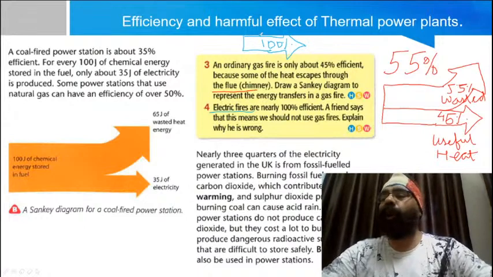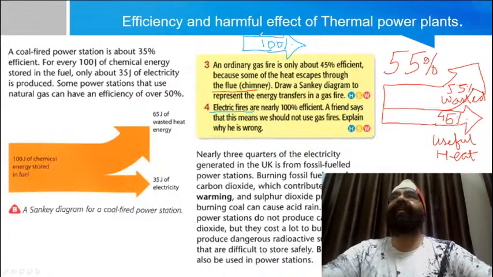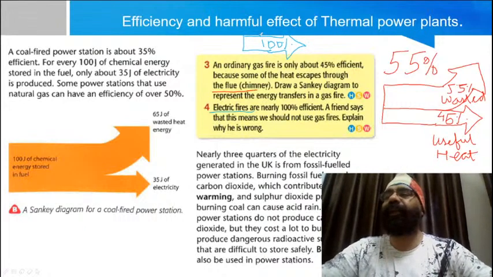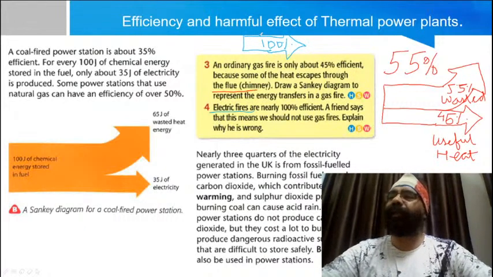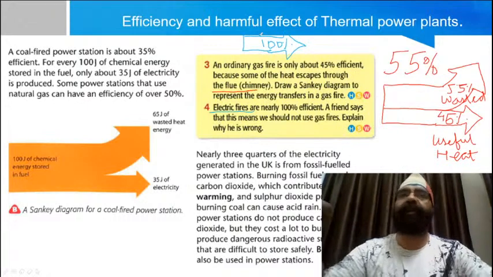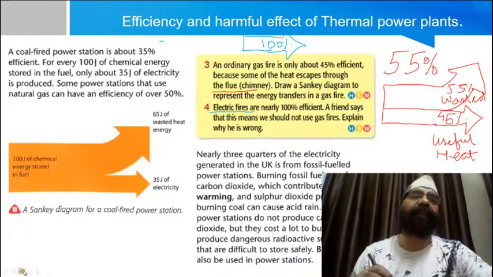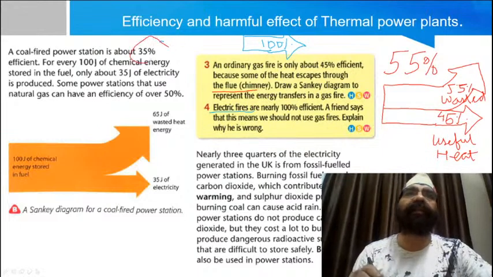But when you go into the details, from where have we got electrical energy? We got electrical energy from a coal-fired electrical plant, which is only 35% efficient. Okay, this power plant is only 35% efficient.